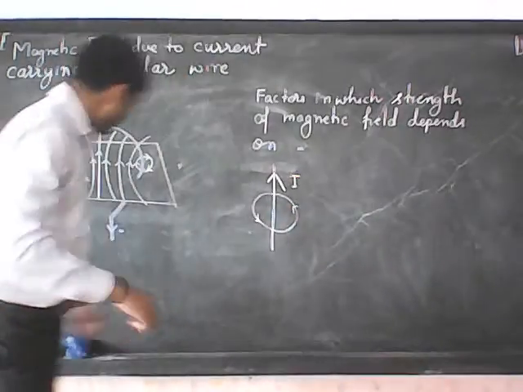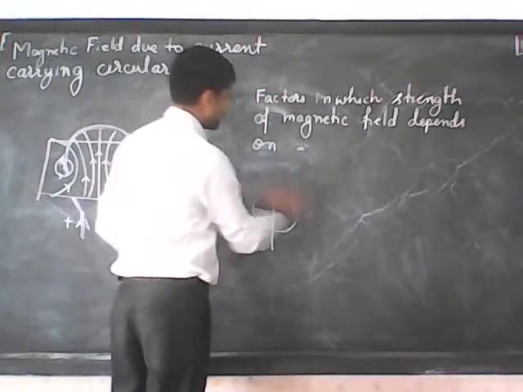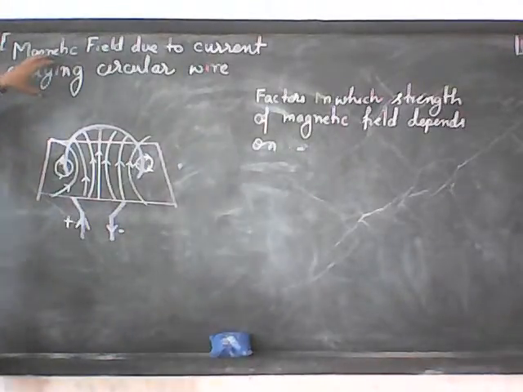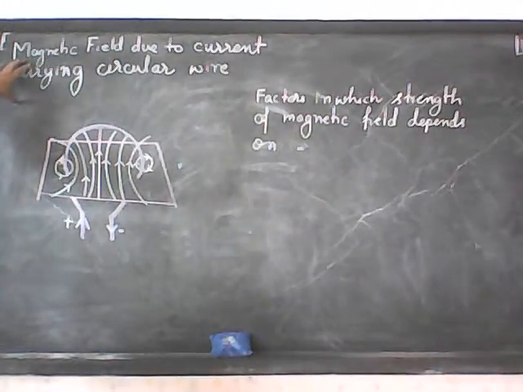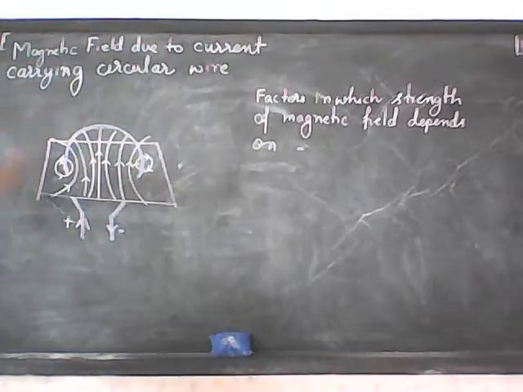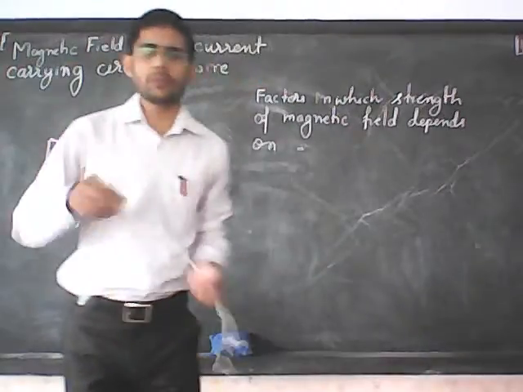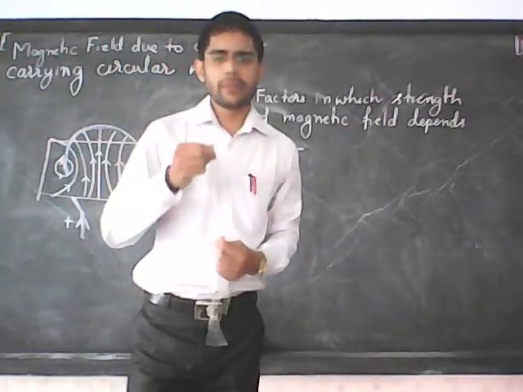Now in today's session, we will try to know the magnetic field due to a current carrying circular wire. Students, it's simple to understand in terms of the straight conducting wire.